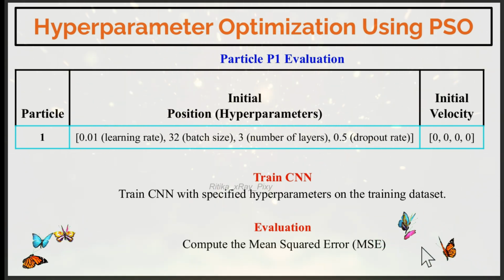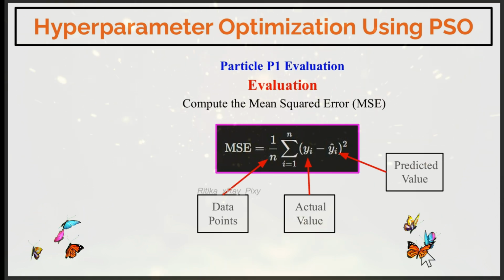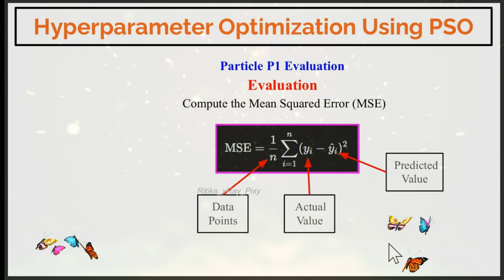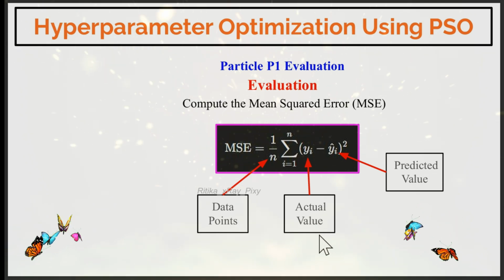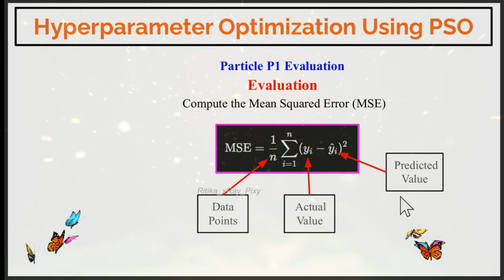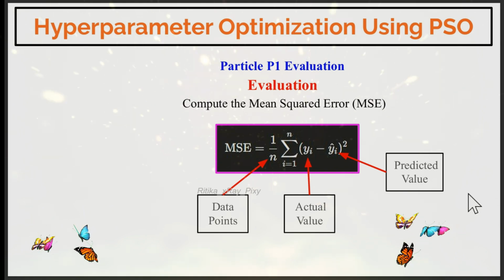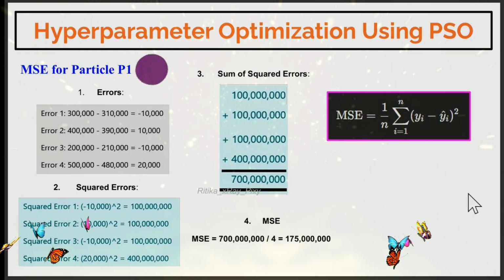So here you can see the formula that we are using to calculate the mean squared error. N is the number of data points, this is the actual value, and this is the predicted value. So now we will predict the prices for each particle.